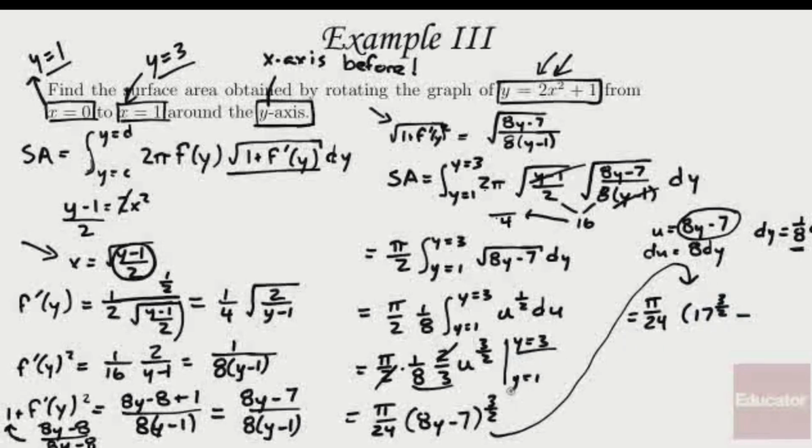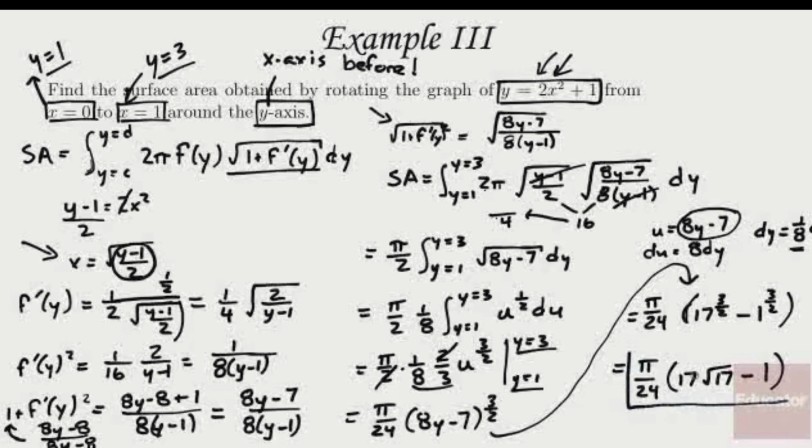If we plug in y equals 1 into 8y minus 7, that's just 8 minus 7, so minus 1 to the 3/2. And we can clean that up a little bit into pi over 24 times 17 root 17, that's 17 to the 3/2. 1 to the 3/2 is just 1. So our final answer is pi over 24 times 17 root 17 minus 1.